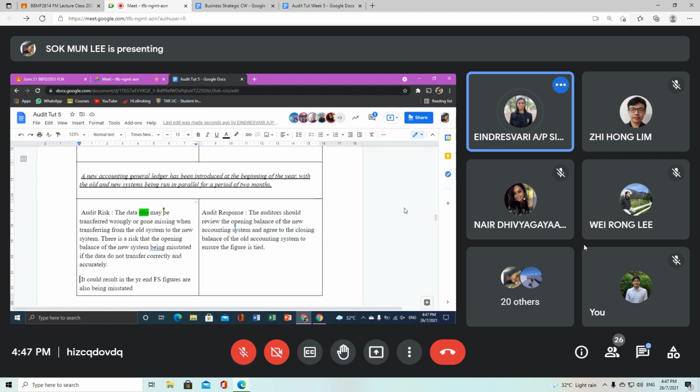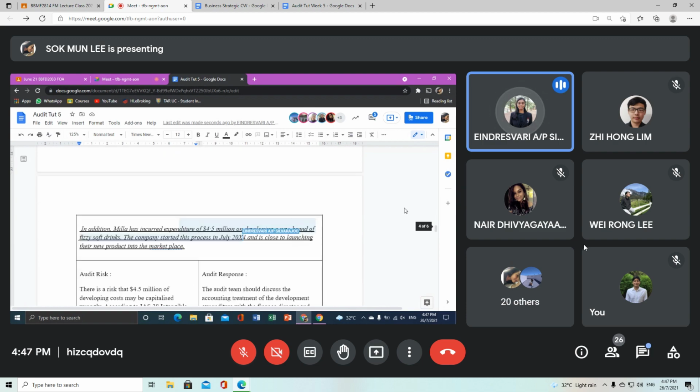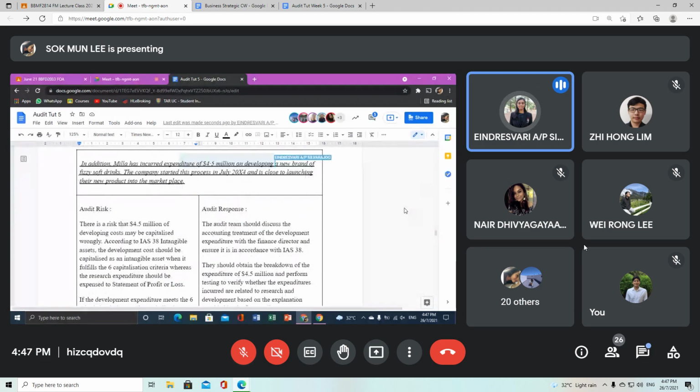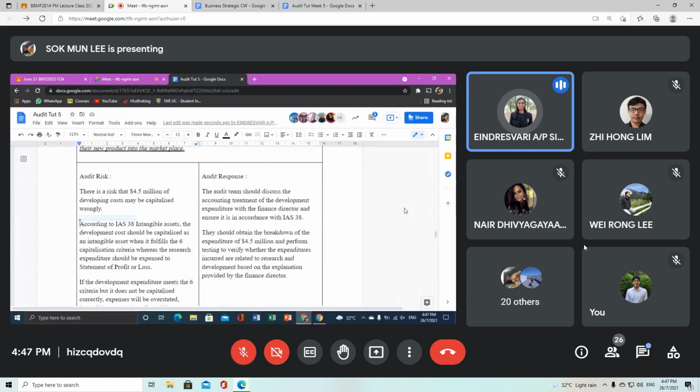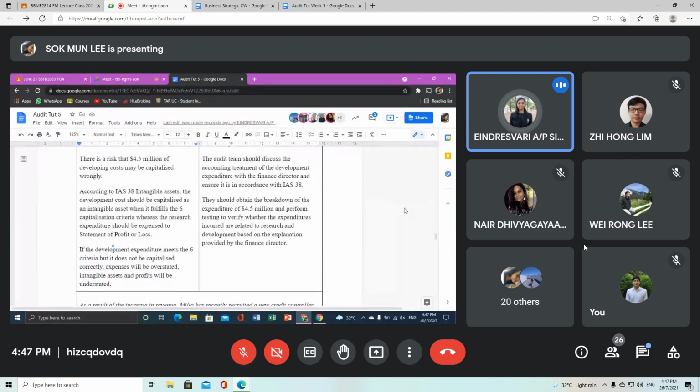Okay, nice. Next, they have 4.5 million of development costs. According to IAS 38, you must capitalize if it fulfills the criteria. So if the development expenditure meets the 6 criteria but is not capitalized correctly, as I said, if you expense instead of capitalizing, it's fine.